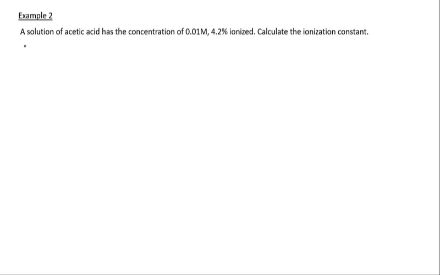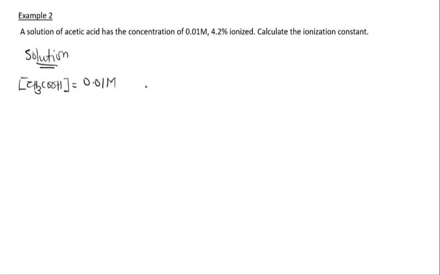So we write solution. Okay, so first of all, the concentration of the acid, which is the acetic acid we have been given, is this. So we have CH3COOH. That is the concentration of the acetic acid to be 0.01 molar.